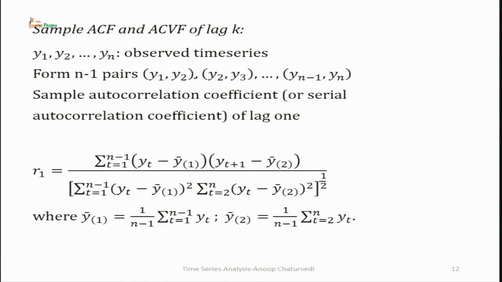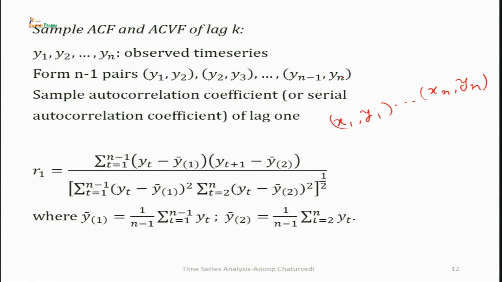now actually you have pairs of observations. So, it is just like defining the correlation coefficient for this pair of observations. Instead of x1, x2, xn, you have y1, y2, yn minus 1. In place of y1, y2, yn, you have y2, y3, yn.